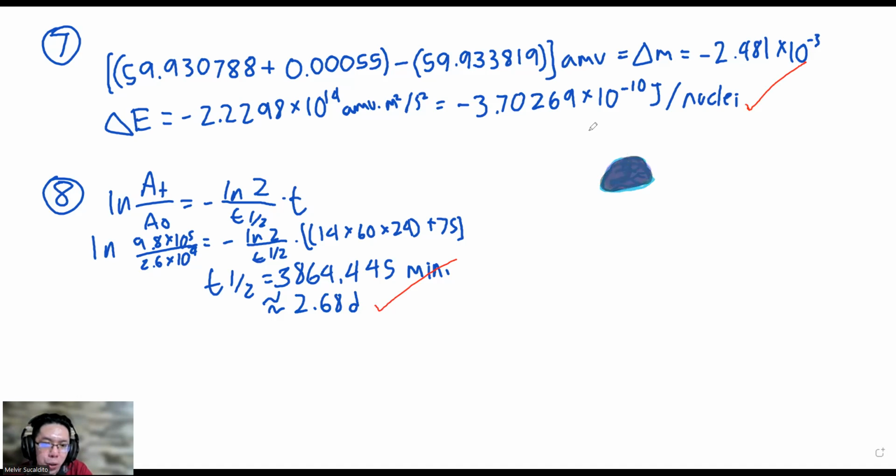Pa-check ka nito, Josh. Why is your 9.8 times 10 to the 5th in the numerator and then nasa denominator naman tong 2.6 times 10 to the 4th?